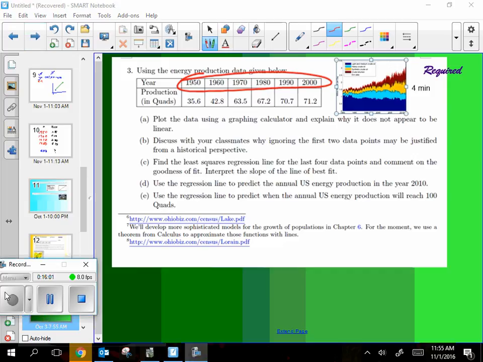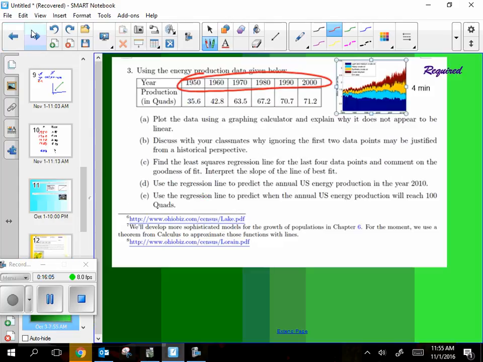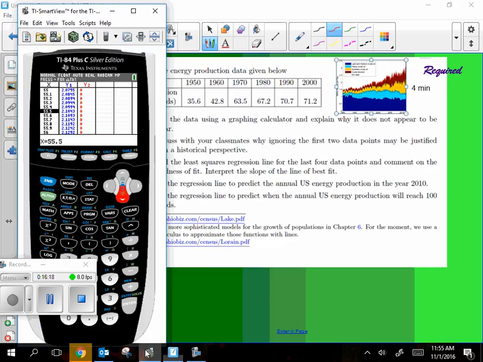Okay, so we're doing these 2 problems. This one and this one. And again, I would just type in the exact numbers that you're given, like 1950. Instead of changing it to 50, leave it as 1950. In my opinion, it's easier. The only problem is you got to go to your table settings. I'm going to show you that quick.